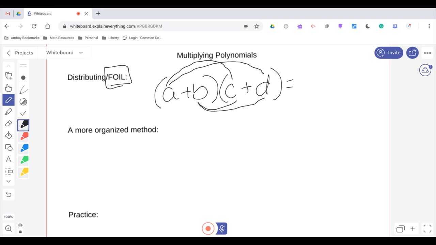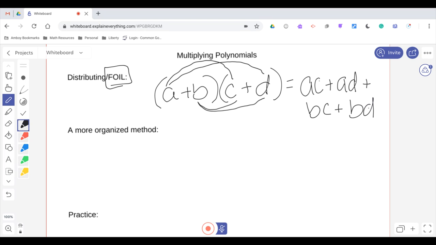So I'd end up with A times C plus A times D plus B times C plus B times D. Now, that's not terrible, but you would still also have to combine like terms, and that could get confusing.